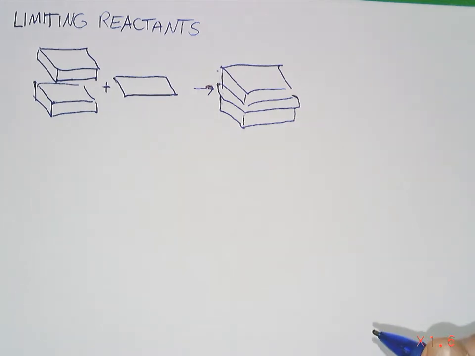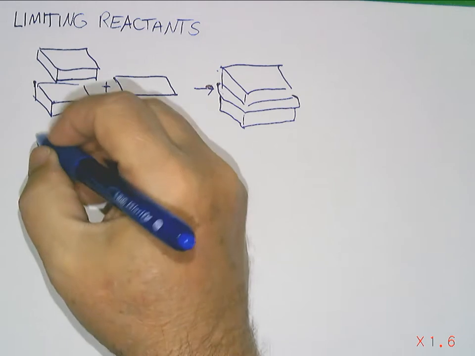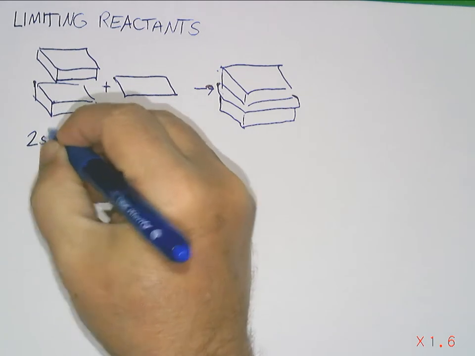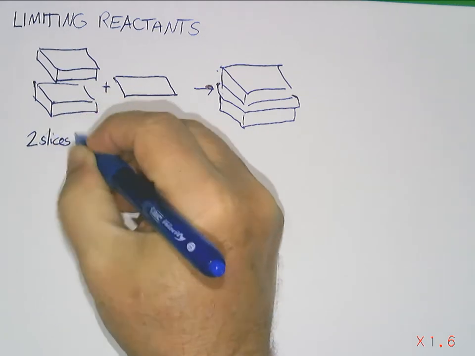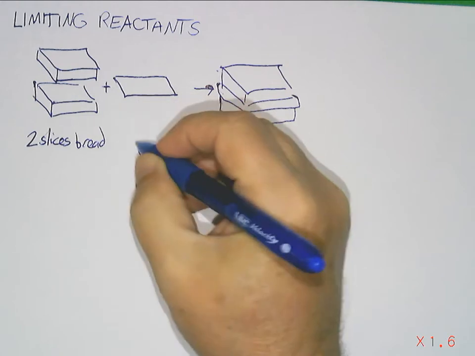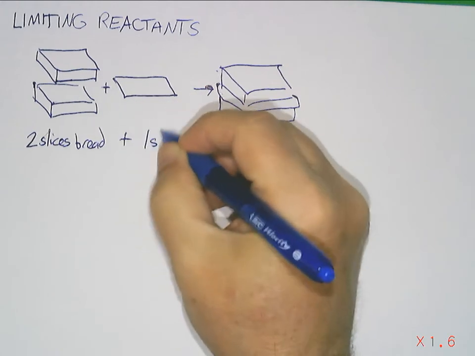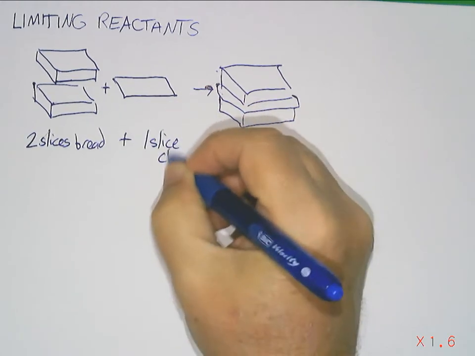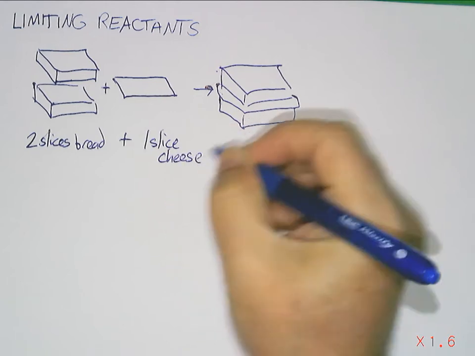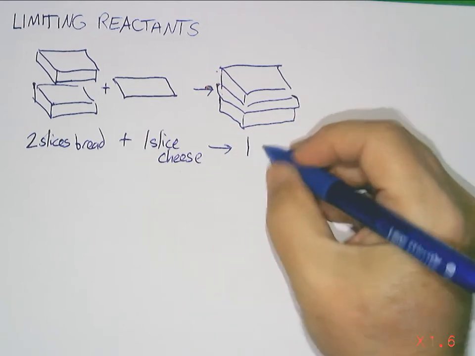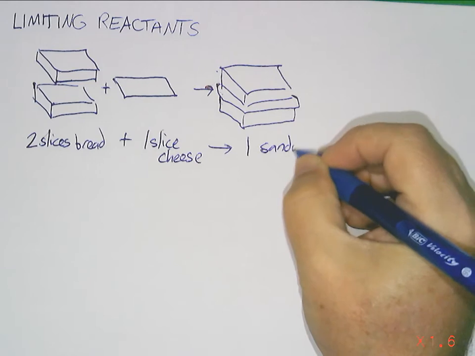We can write this recipe down as 2 slices of bread plus 1 slice of cheese gives you 1 sandwich.